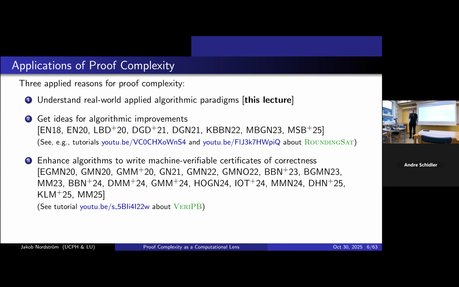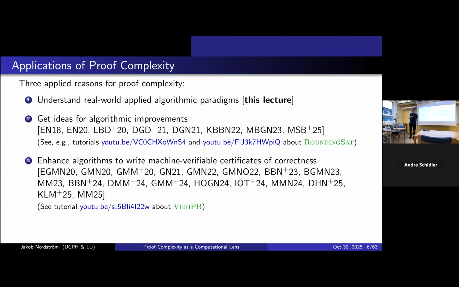And a third potential application of proof complexity, which I'm personally very excited about, is that once you understand the method of reasoning an algorithm is using and can formalize it, you can also use this to actually enhance the algorithm to write a machine verifiable certificate of correctness, so that it not only solves the problem, but gives you a mathematical, machine verifiable proof of correctness.